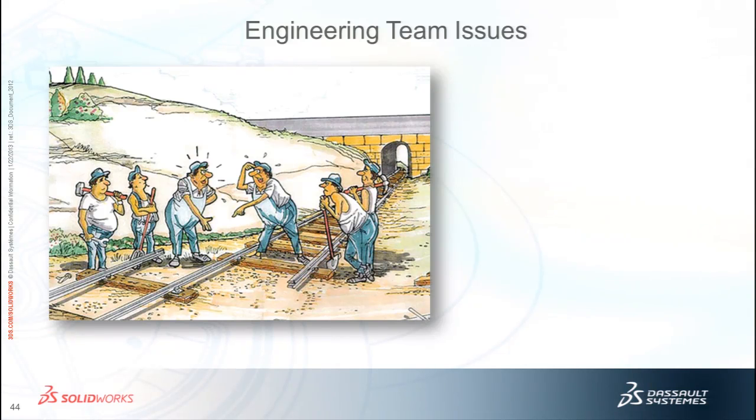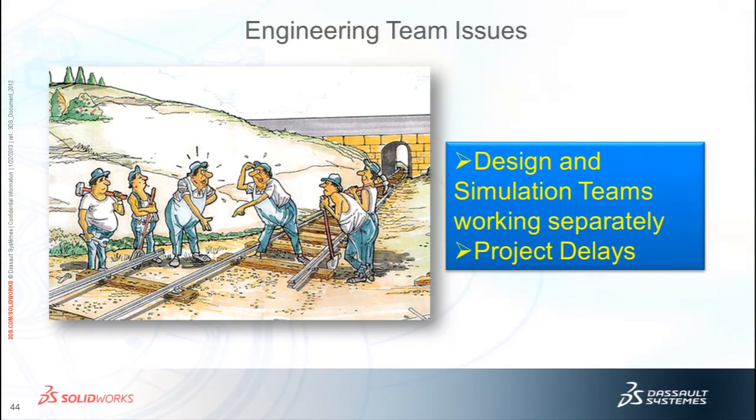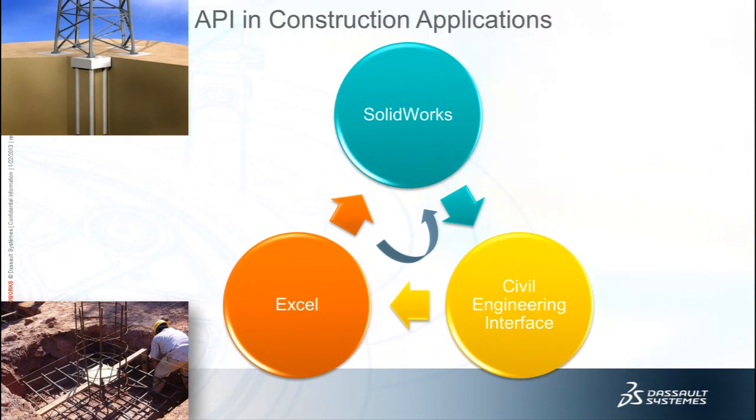So this is my customer. They have two teams, the simulation team and the design team. They are working independently, so they are having a lot of delays in their project. So we are building an API.